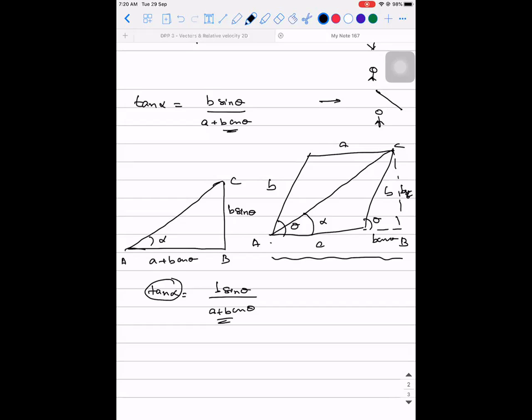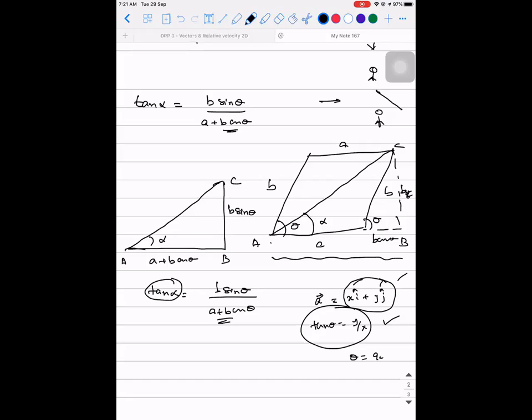Yesterday I would have told you, when you write a vector like this, A vector is equal to x i cap plus y j cap, then tan theta will be equal to y by x. Okay, I would have told this because here you are dealing with exactly perpendicular vectors. That is, x is in the direction of x-axis, y is in the direction of y-axis. So you're dealing with two components which are exactly in the perpendicular direction. That is why we wrote it as y by x, because what is the angle between x and y?